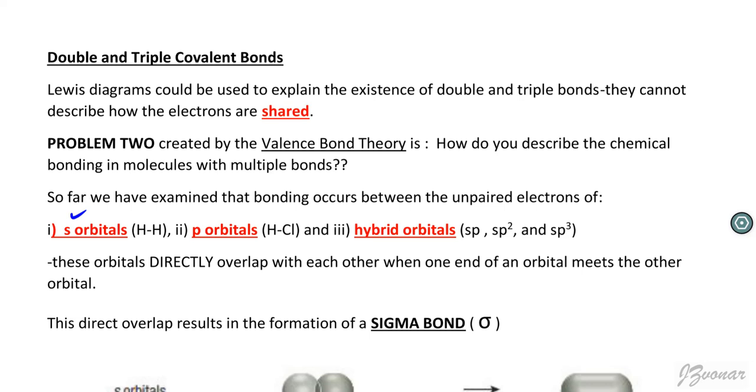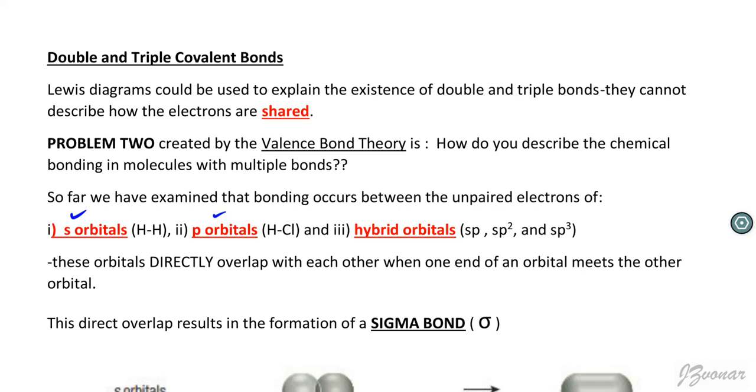The next case that you can also have involved p orbitals. So a lot of different variations here as well. You can have an s and a p orbital that are half full, where they will overlap and form a covalent bond. Or you can also have two p orbitals which are half full, such as in the chlorine molecule Cl2, F2, Br2, and so forth.